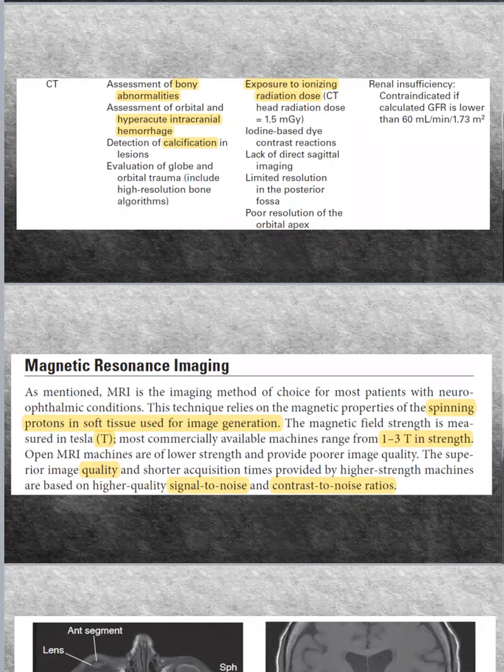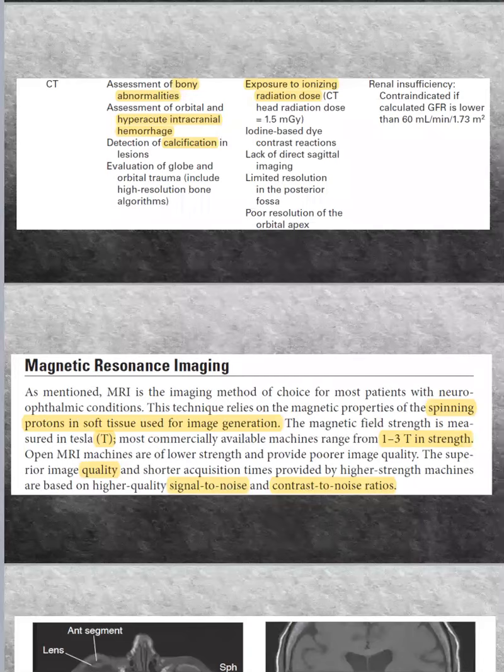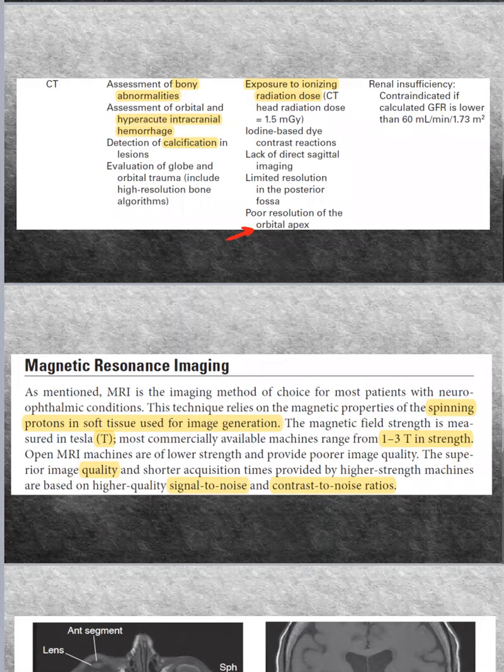So if I have orbital apex syndrome or a lesion in the orbit that affects the orbital apex contents, I may refer the patient to do MRI instead of CT. Here is the contraindication if the contrast is required: renal insufficiency if the GFR is below 60 milliliter per minute.